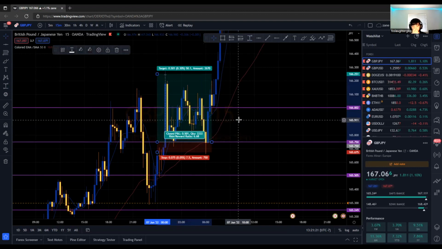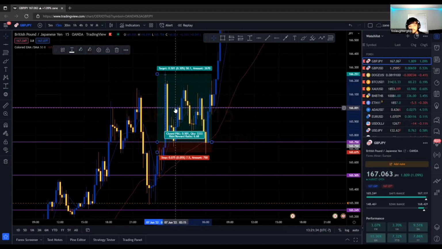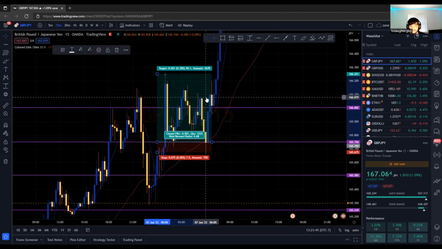But on normal market days, you cannot expect that from EJ and GU, because GU and EJ and all those other pairs that I went over move very slow. For you to get these types of moves, you have to wait 4 hours, 5 hours, 6 hours, more than that. But with GJ, you can expect it in less than 15 minutes.